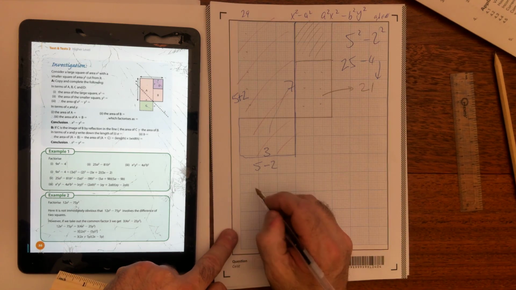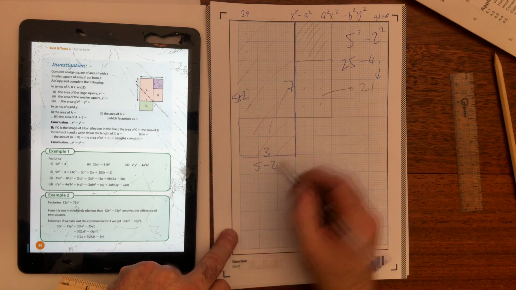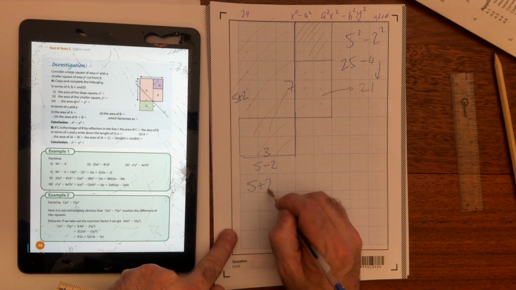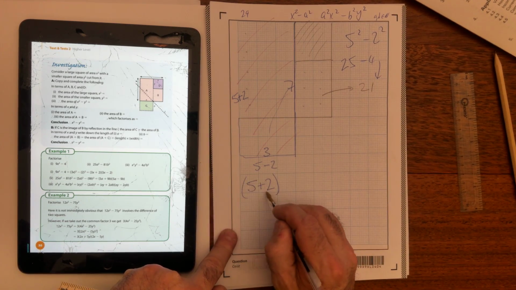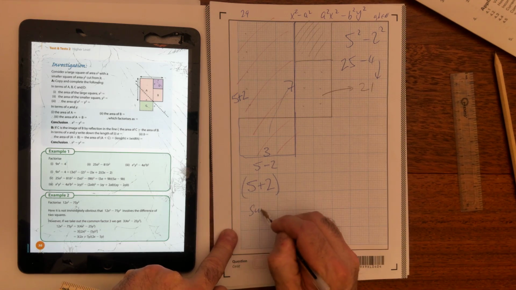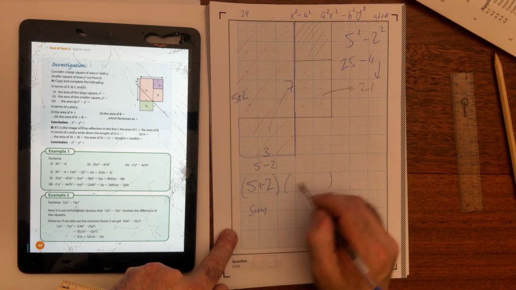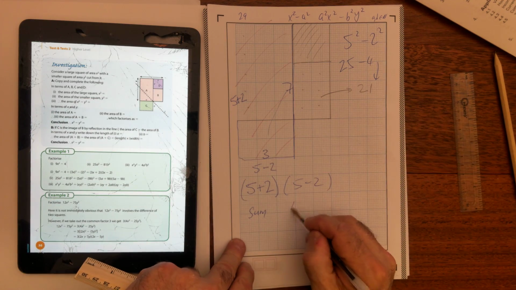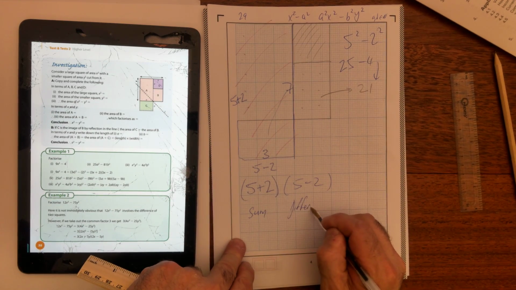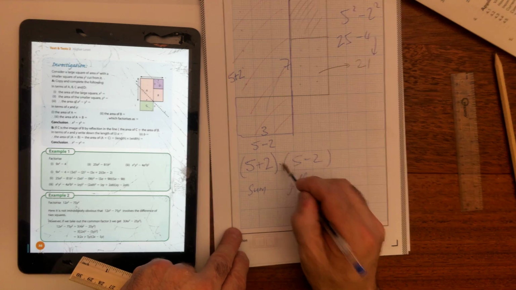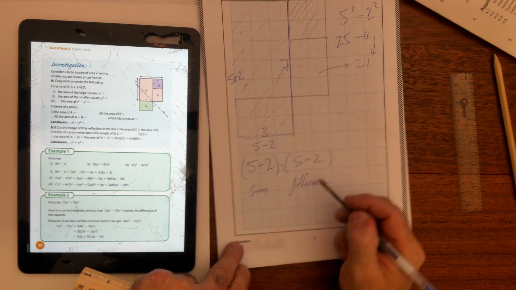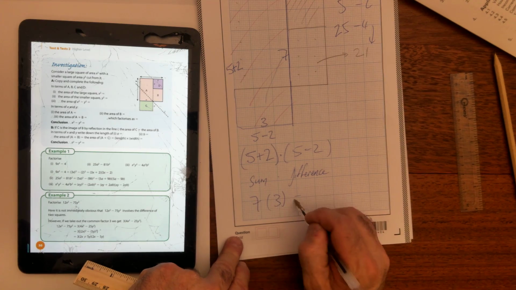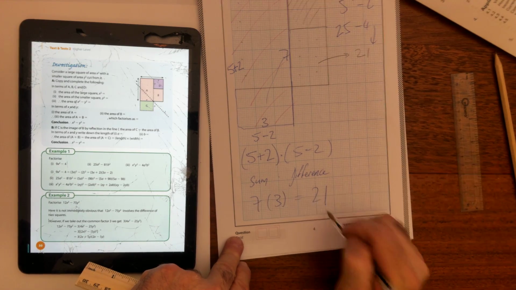So to calculate the area, the difference of two squares, we can take the sum of the bases and multiply it by the difference of the bases. So it's the product of the sum and the difference. Let's check that. We get 7 times 3, which is indeed equal to 21.